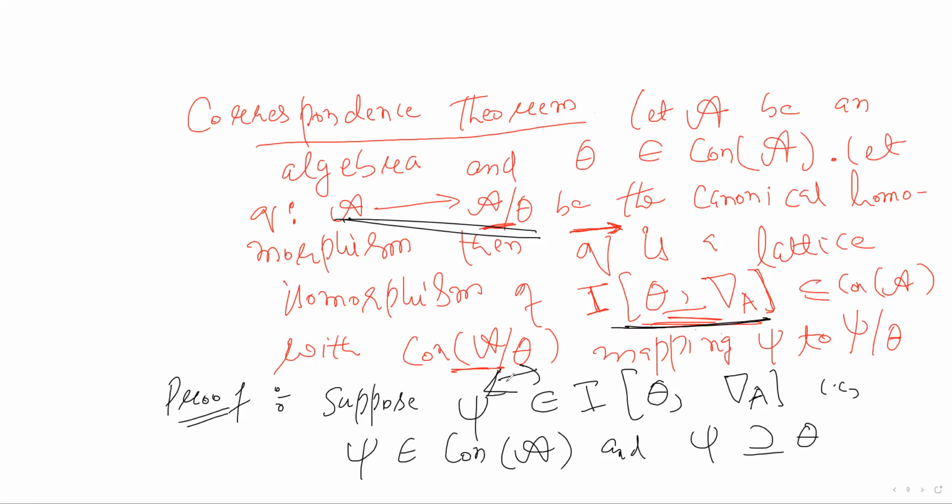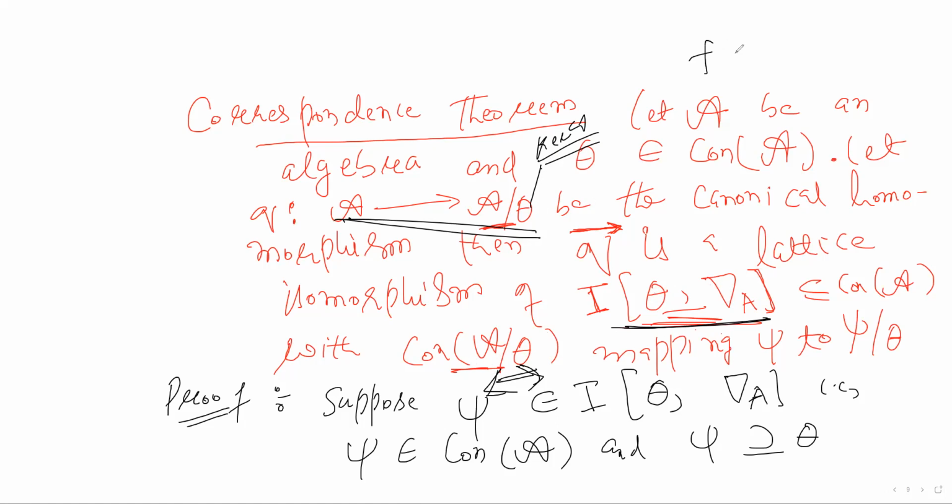Now we have similar correspondence theorems for groups. So there is a one-to-one correspondence between the subgroups of A containing the kernel of some homomorphism. Here you have theta is actually the kernel of Q. So if you remember, for groups there's a one-to-one correspondence. In fact, there is an isomorphism, or you can say one-to-one correspondence, between the subgroups of the group G containing the kernel of a homomorphism.